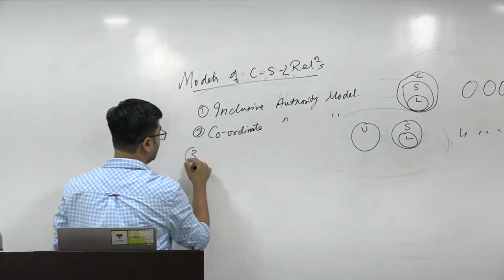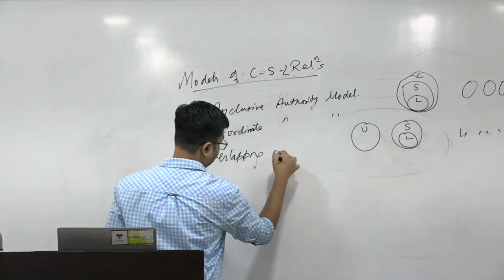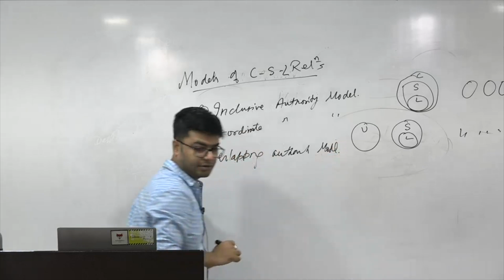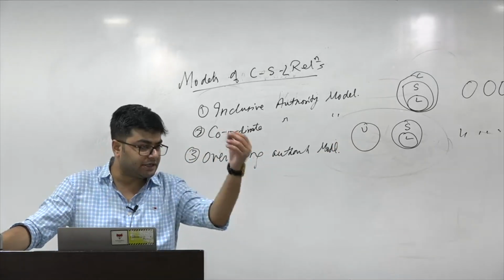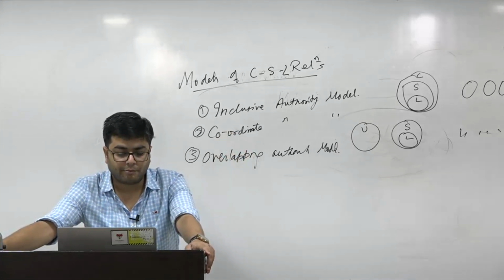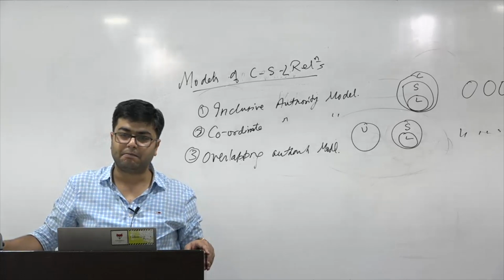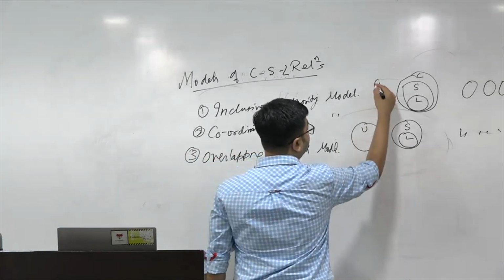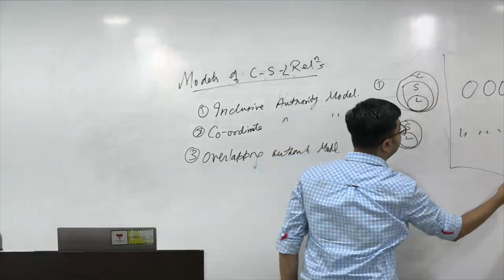Overlapping authority model. Limited autonomy, cooperative and interdependent bargaining. How? So this was 1, this was 2, this was 3. Let's separate this.